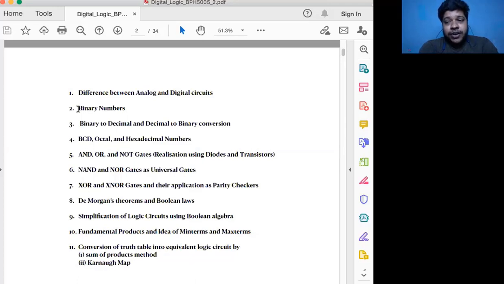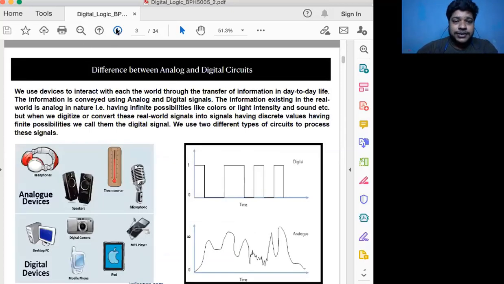To simplify such questions and find the output of a digital circuit, we need a good understanding of Boolean algebra. There are some laws of this algebra, and if you understand these laws, then you can simplify any circuit. So this is what we have planned for today. Let us go to the slides.